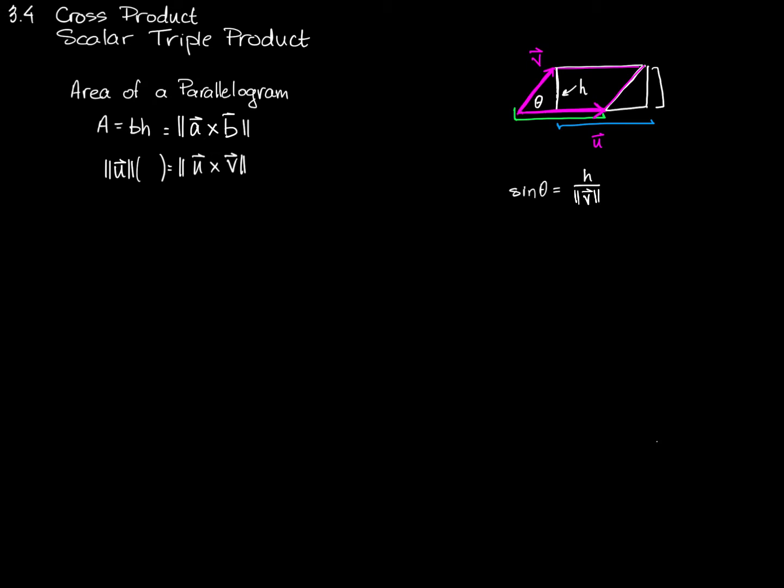And so multiplying both sides of this by magnitude v gives me an expression for height. So I can replace height. I'll have to write a new line here. I'm going to replace height, the expression for height, with magnitude v sine theta. And that's equal to the cross product of u and v.